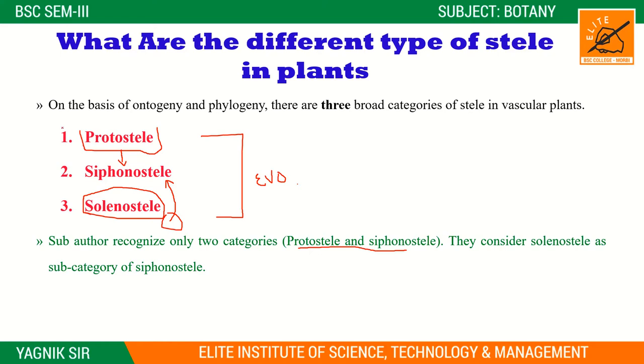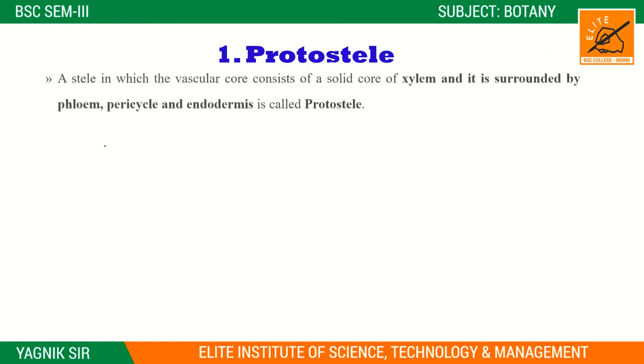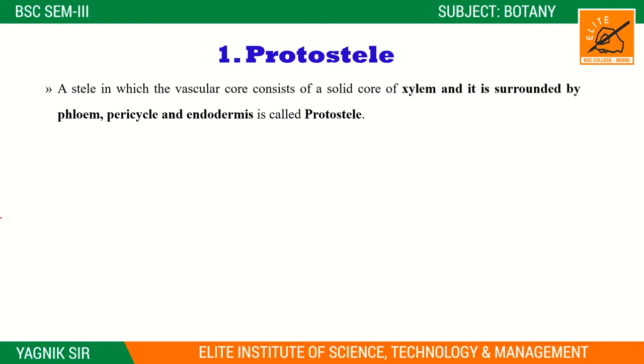So siphonostele evolved from protostele, and solenostele evolved from siphonostele. So first is protostele: a stele in which the vascular core consists of a solid core of xylem surrounded by phloem, and this xylem and phloem are covered with the pericycle and the endodermis. This is called protostele.